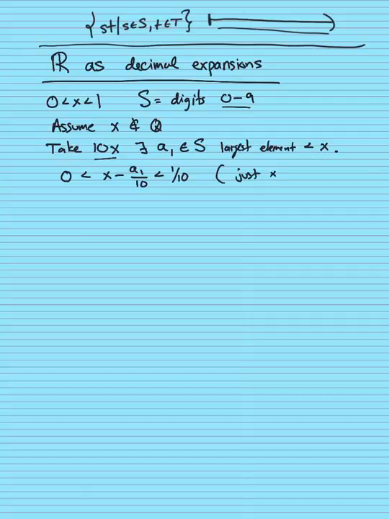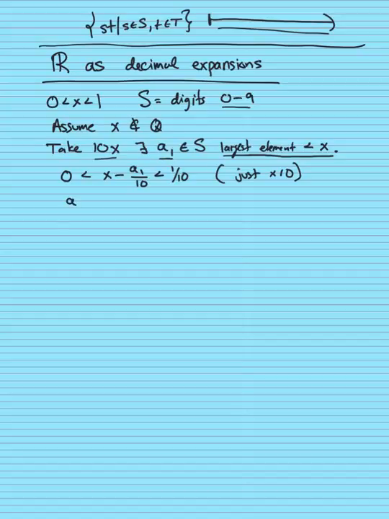So just multiply by 10, and I'm using the fact that X is irrational, right? Otherwise, I might have been able to... notice that there's never going to be an element in S which is actually equal to X, or equal to 10X, right? Because X is irrational.